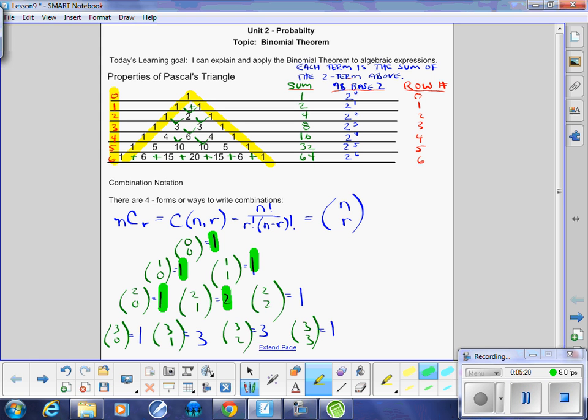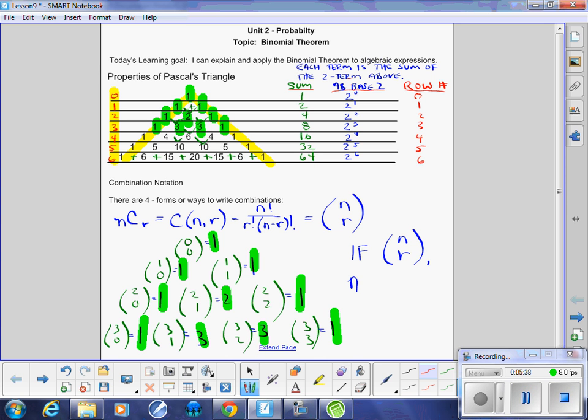So what's kind of neat with Pascal's triangle is that those numbers match up with the numbers from Pascal's triangle. So we can write Pascal's triangle as a series of combinations. If we have n choose r, n is your row number, and r is your term number.